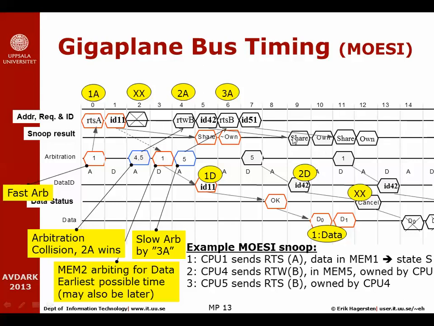However, since somebody pulled the owned line, raised the owned line right here, exactly 6 cycles after that transaction started, we know that the memory should actually not reply with the data. So the memory will output a cancel signal instead of an OK signal here for the data status, which says, don't trust this piece of data happening over here.